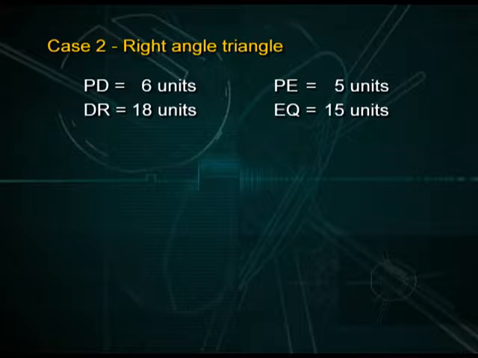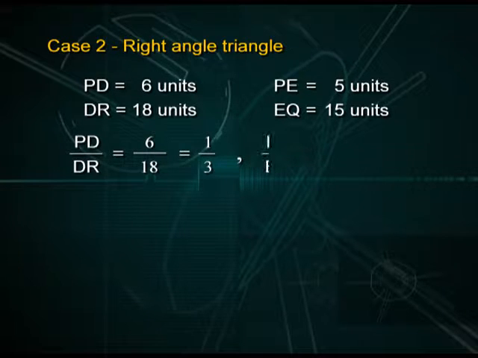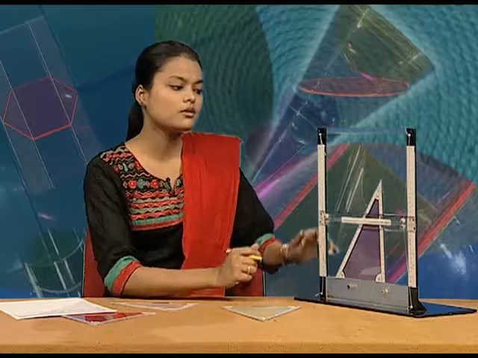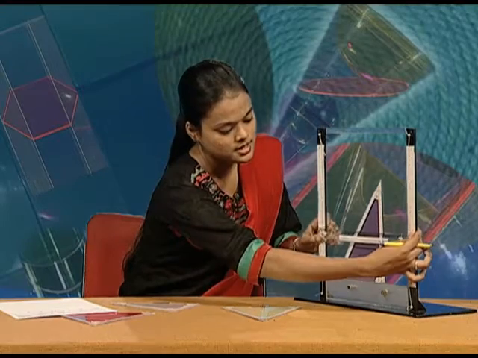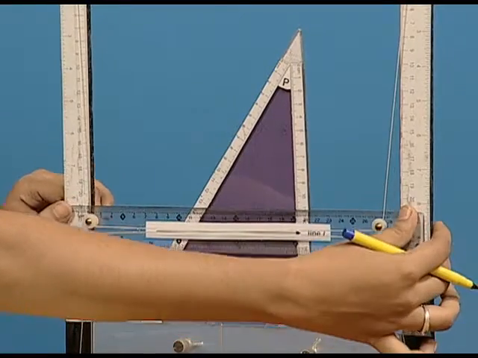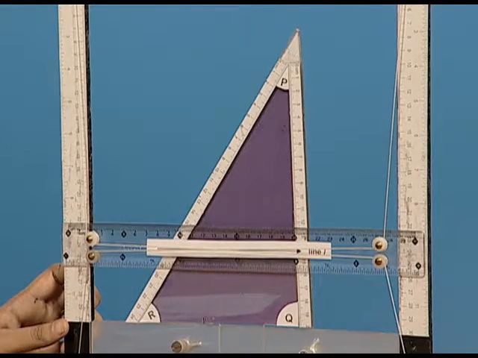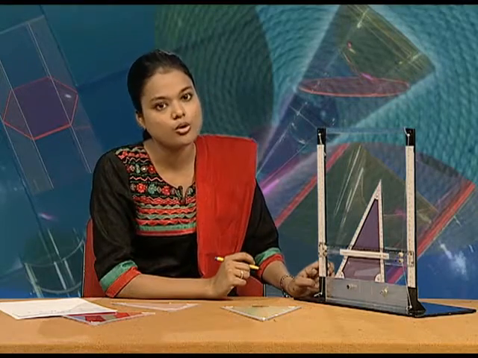By mathematical manipulation, PD by DR is 6 by 18, which is 1 by 3, and PE by EQ is 5 by 15, which is again 1 by 3, which shows that the other two sides are divided in the same ratio. Now, you can repeat this process by moving the scale up and down and verify yourself whether the corresponding ratios are equal or not.